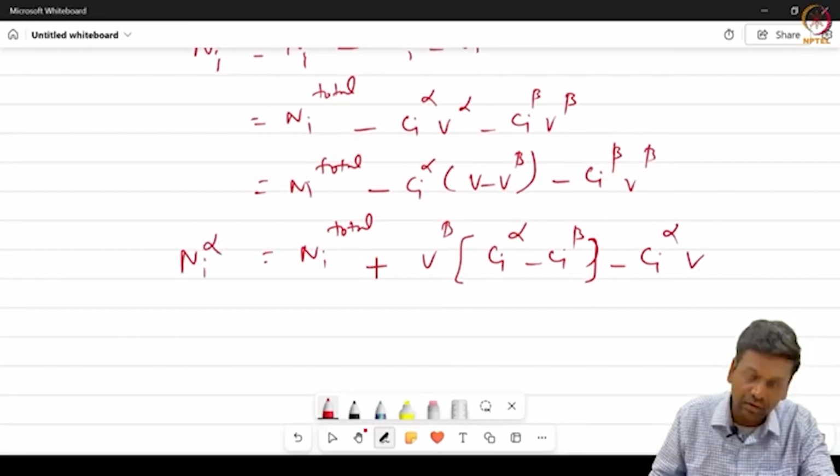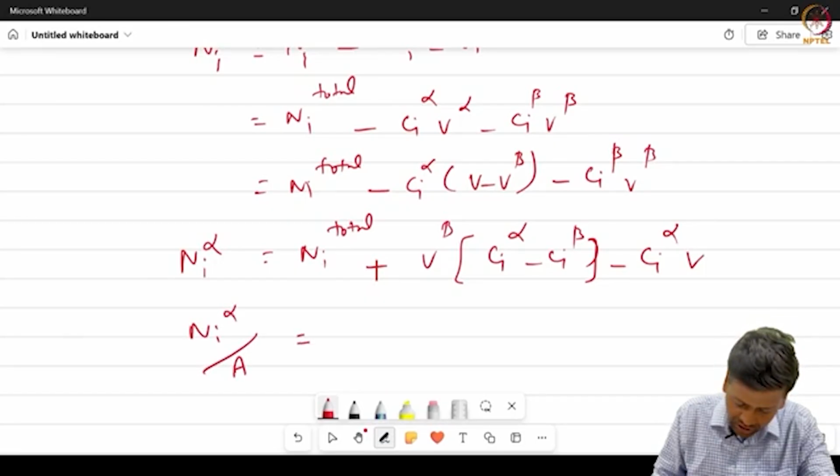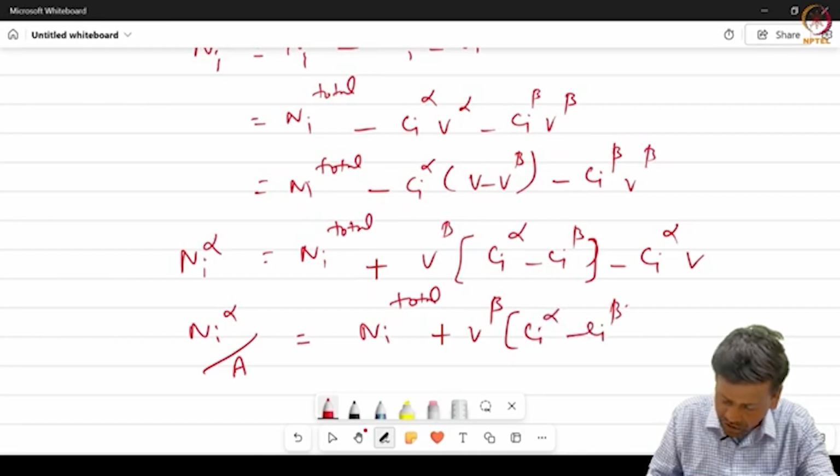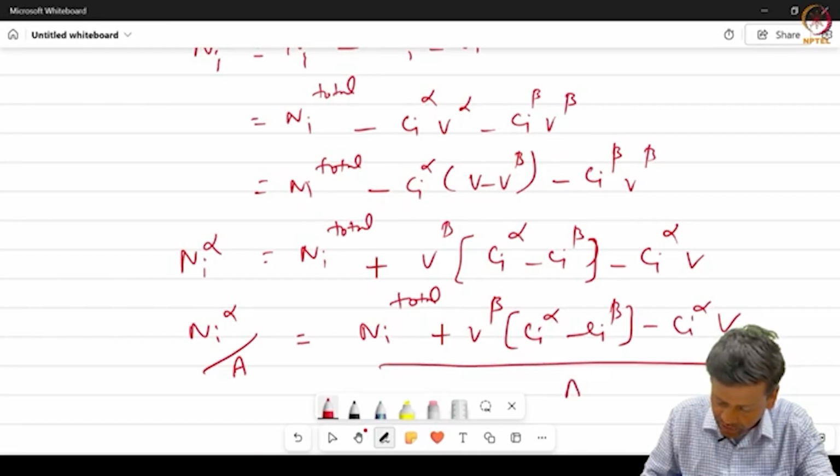If I divide both sides by the interfacial area A, I would get Ni alpha by A is nothing but Ni total minus V beta Ci alpha minus Ci beta minus Ci alpha V, divided by A, right.